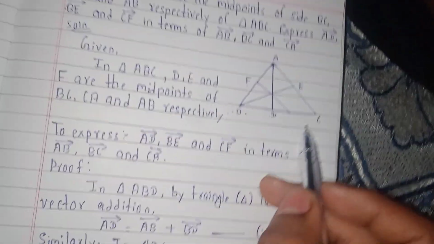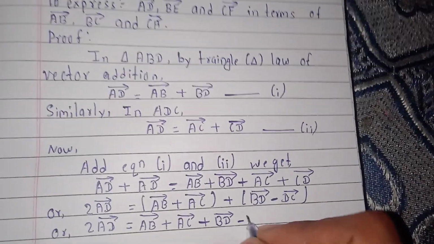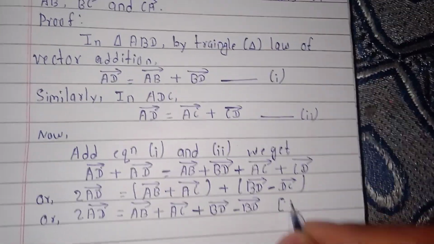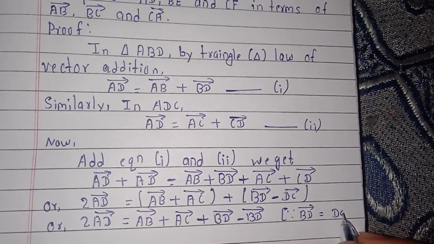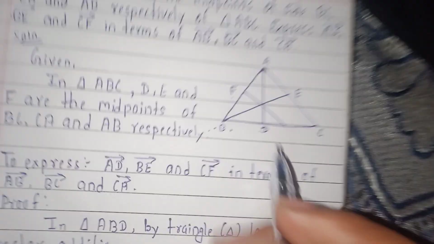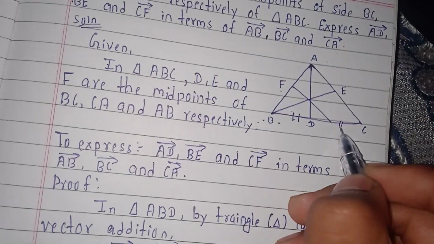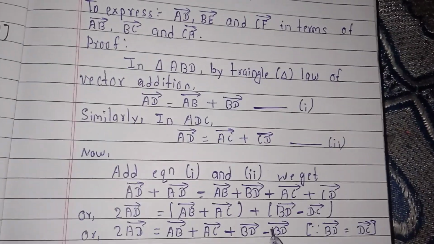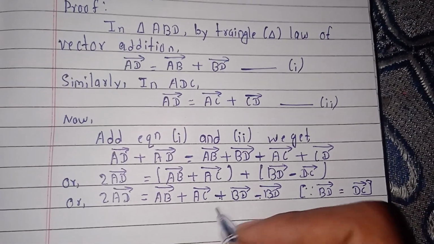So BD vector minus BD vector is equal to 0.